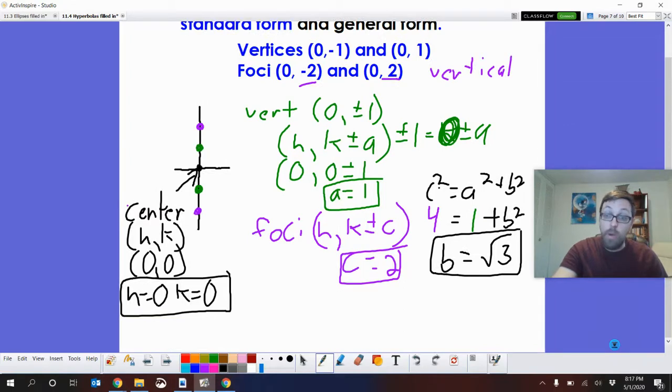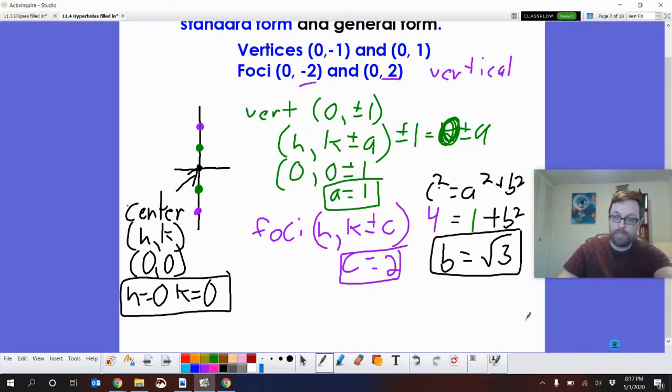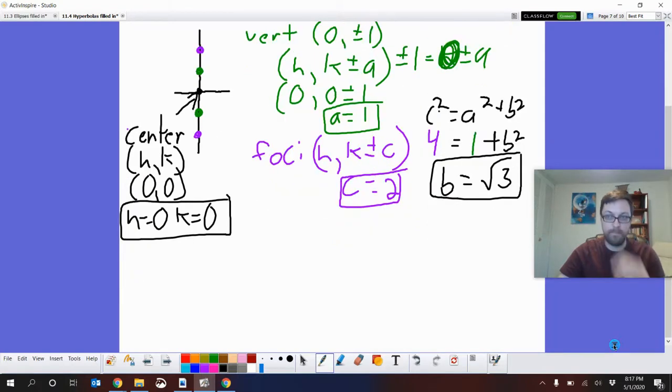So now that we know all of our letters, let's just plug them all in to our cool formula. Y minus K, and then we're going to put A underneath that, and B is going to go underneath X minus H. Will you please give me more space? Please and thank you. So we've got Y minus our K, so that's 0, so it's just a Y squared.